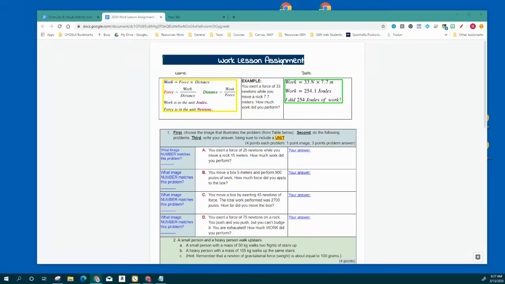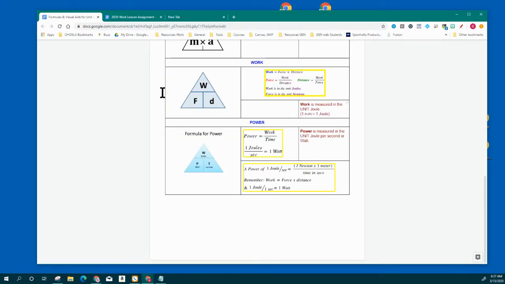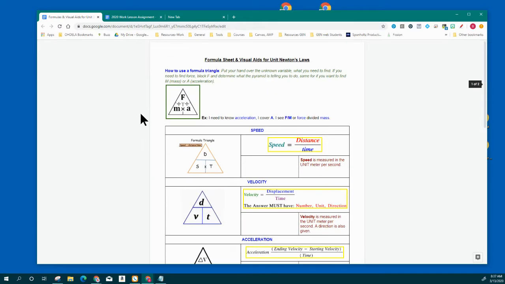This is a help video for your work lesson assignment, and it also takes a look at how to use the formula triangle. You do have available the use of a formula sheet, which contains visual aids that look like triangles. A formula triangle presents the three variables found in a formula arranged in a triangle.